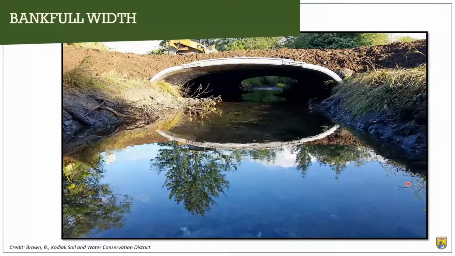And this is an example of a bankfull channel that was constructed in Kodiak. And you can see that the natural channel has been reconstructed outside. We've got some bankfull benches here, and the culvert walls are acting as banks.